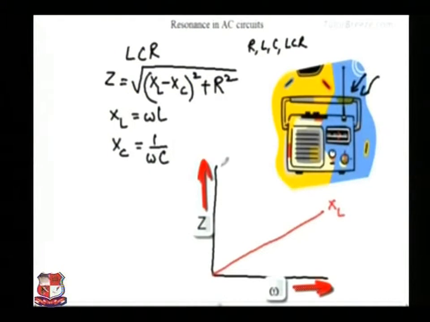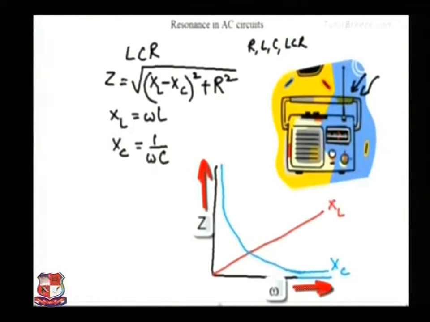This would be the graph for XC, since the value becomes very low at high frequencies. This is not 0, it tends to 0. The x-axis is an asymptote, so it doesn't really touch the axis.